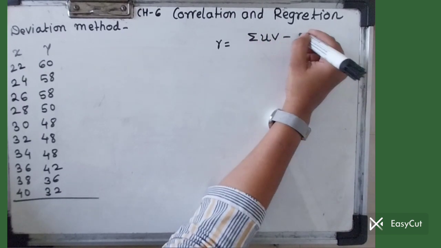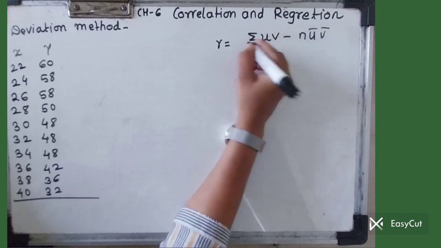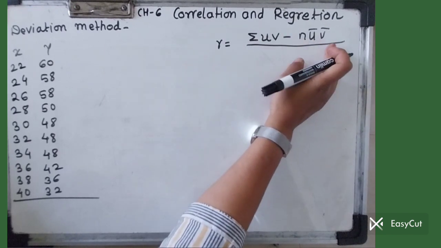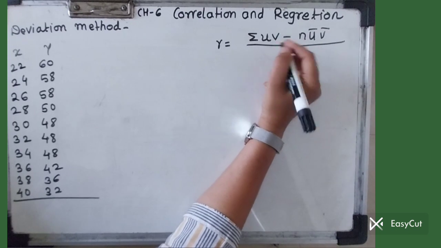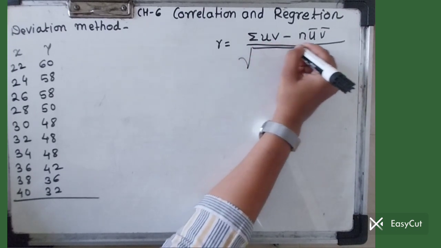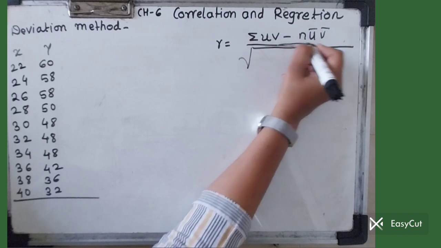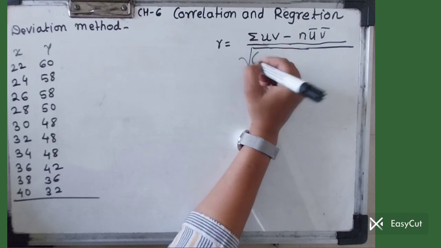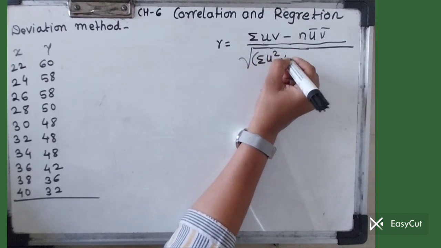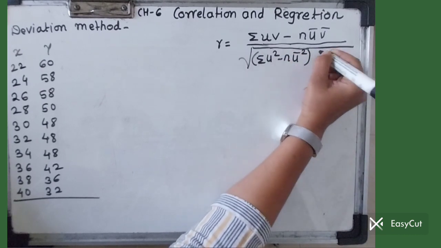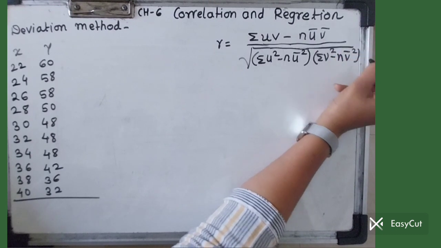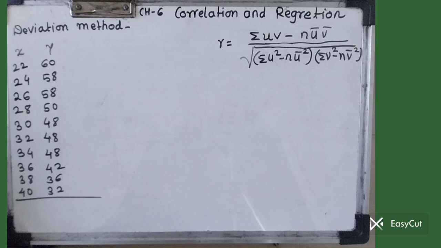Summation uv minus n u bar v bar, where u bar is the mean of the first group and v bar is the mean of the second group, divided by under root summation u square minus n u bar square into summation v square minus n v bar square. This is the formula for the deviation method. Same formula, just replace x and y by u and v.